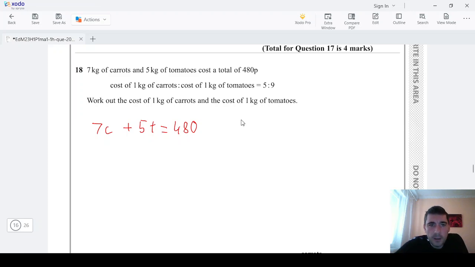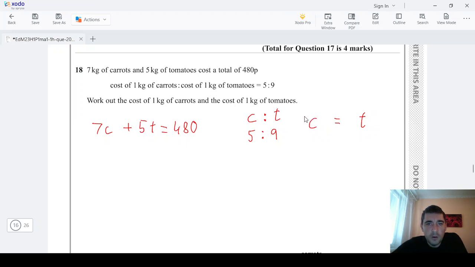Okay, so let's put that into ratio. So carrots to tomatoes price is 5 to 9. So just written that ratio in more mathematical way. Now how can we set the equation for this ratio? So we know that carrots doesn't cost the same as tomatoes. So to set the equation, we need to make carrots to be more expensive.